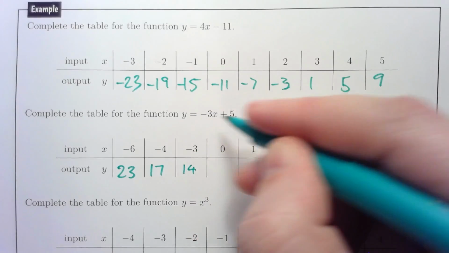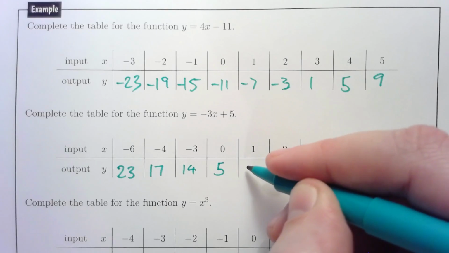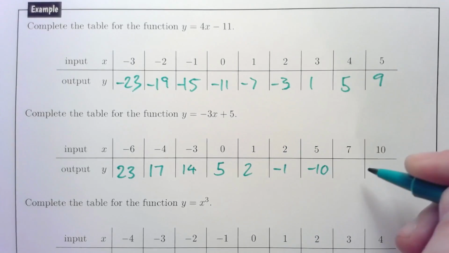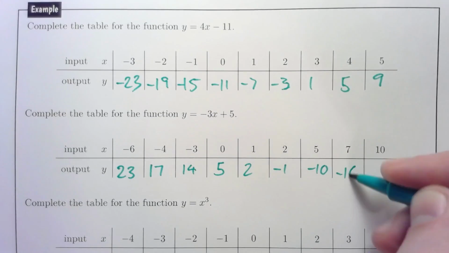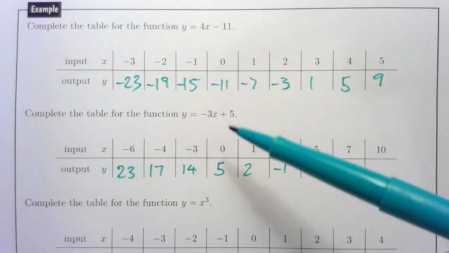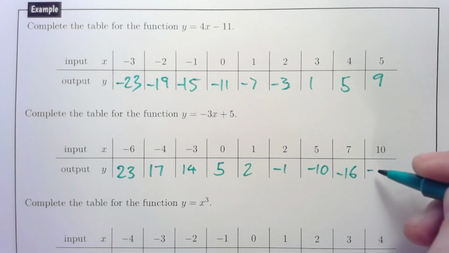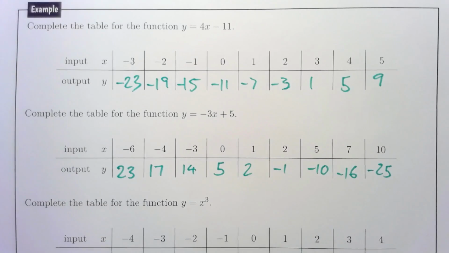And then we can go through and figure out the rest of these. Finally, if we do negative 3 times 10, that's negative 30, plus 5 is negative 25.